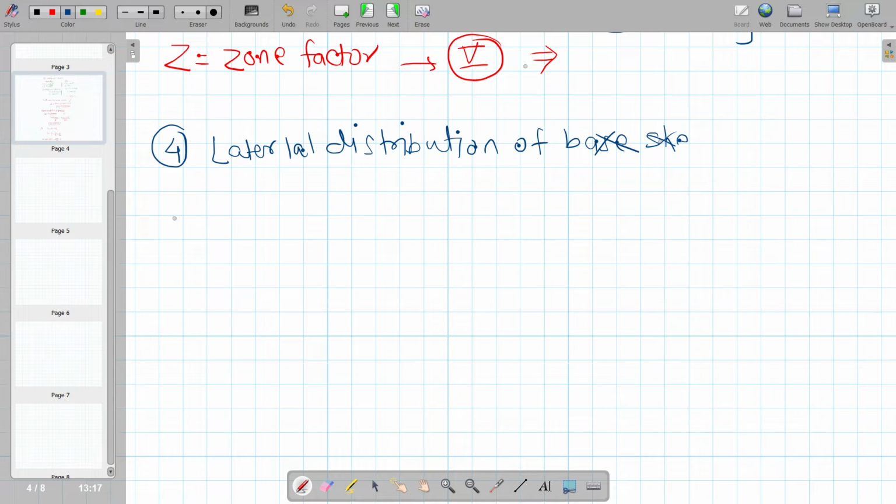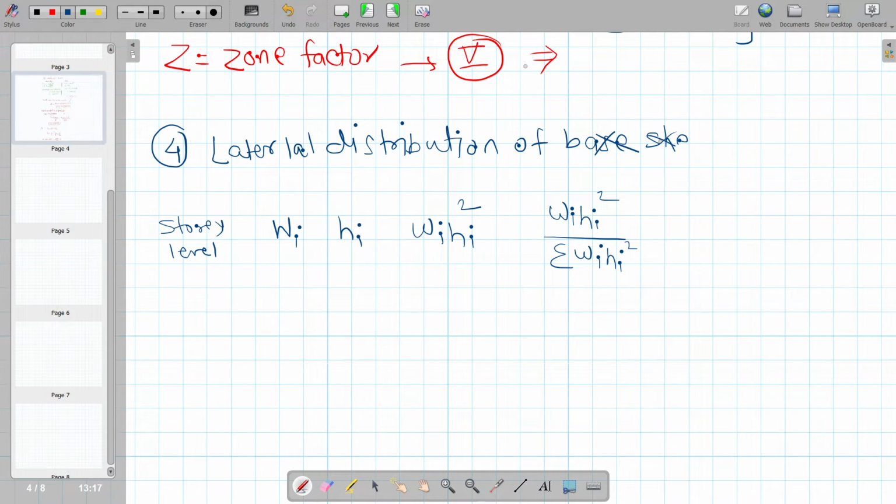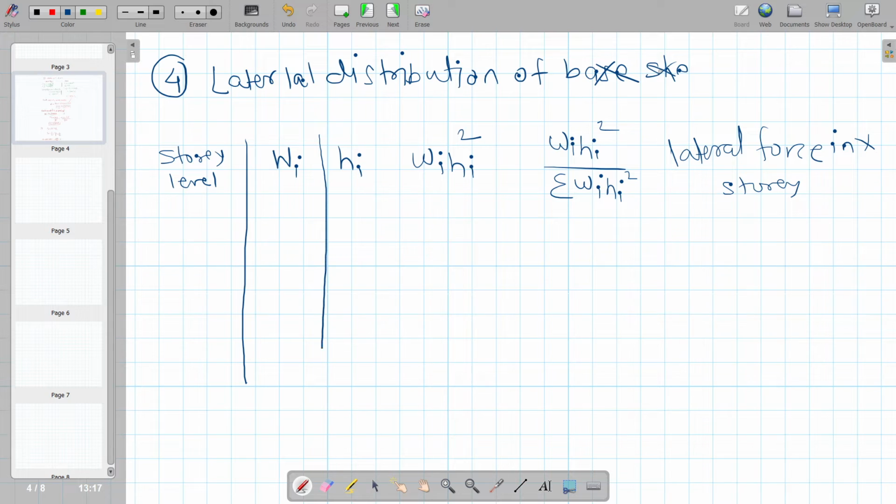In that table there is the story level, second is weight, then height, then wi hi square, then wi hi square divided by summation of wi hi square, and then lateral force in x direction on each story. I'll just complete the table.